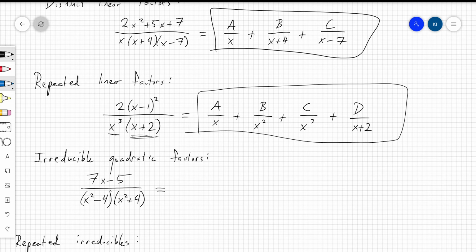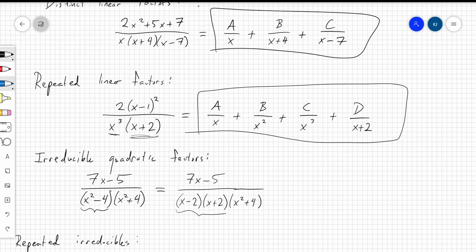So in the 2 examples that we've talked about already so far, the denominator has already been factored. Here the denominator is not fully factored because this is a difference of squares. So we could actually rewrite this fraction as 7x minus 5 over x minus 2 times x plus 2 times x squared plus 4.